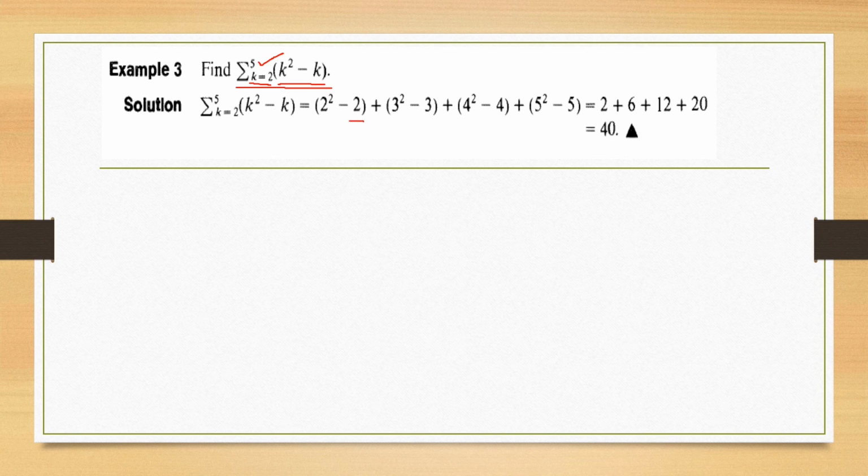We will take k as 3 and then k is 4. And at the end, we take k as 5 and we take the sum of these terms, which is at the end 40.